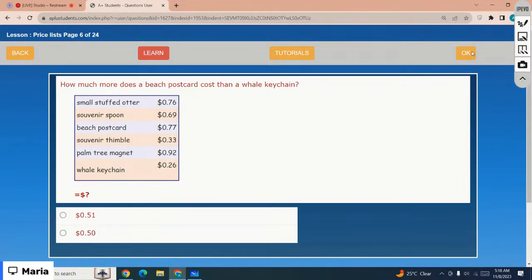So just subtract and see how much more it is, which is the correct option. Yes, the correct option is that it is $0.51 more.